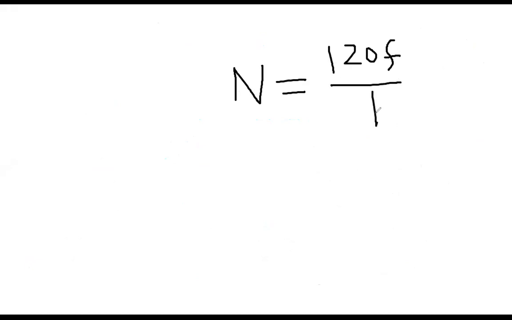Okay, so you need two things. What is the synchronous speed? Synchronous speed is 120f over p. You need to use this one. That is basically the RPM, revolutions per minute. So from this equation, you will get that.